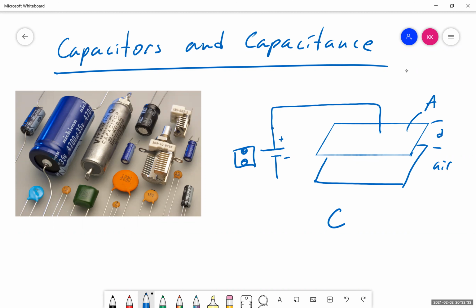If I connect the positive terminal to the top plate and the negative terminal to the bottom plate, then I can start the charging process.